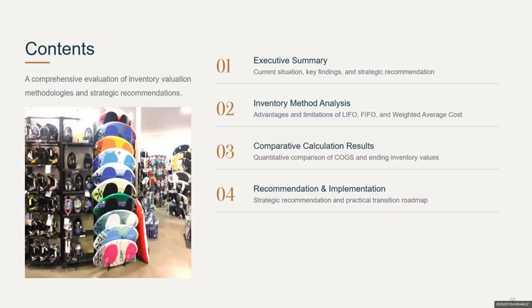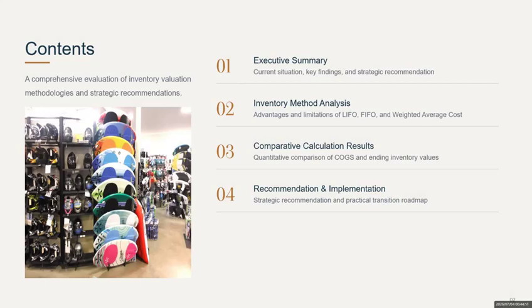So my presentation comprises 4 sections. First, the executive summary outlines the company's current situation, key findings, and strategic recommendations to establish a comprehensive understanding. Second, it examines 3 inventory valuation methods, breaking down their respective advantages and disadvantages in detail.